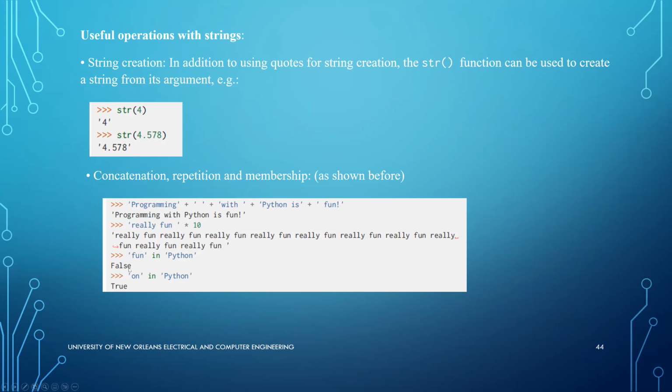The answer is false because it's not part of this string here. But if on the other hand I said on in Python, then it's going to be true because Python includes the string on. Okay. But again, this is in the context of other useful operations for strings.